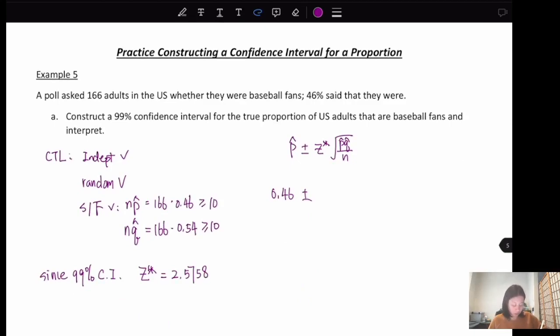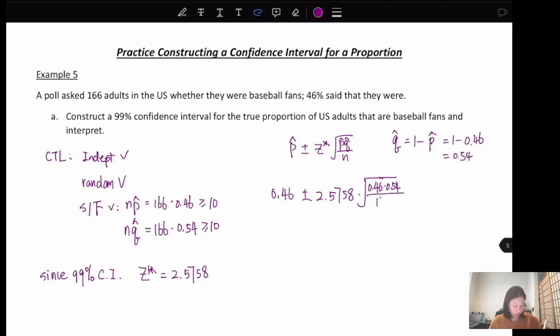And now we plus or minus 2.5758 times the standard error, which is 0.46 times q hat. Q hat is equal to 1 minus the p hat, which is 1 minus 0.46. That is equal to 0.54.